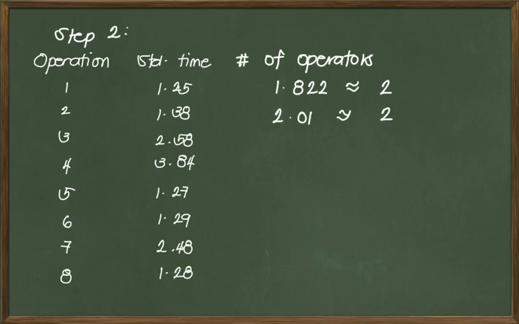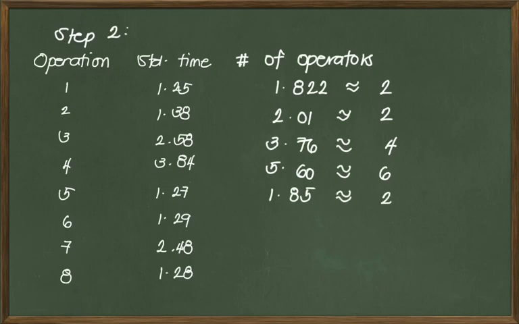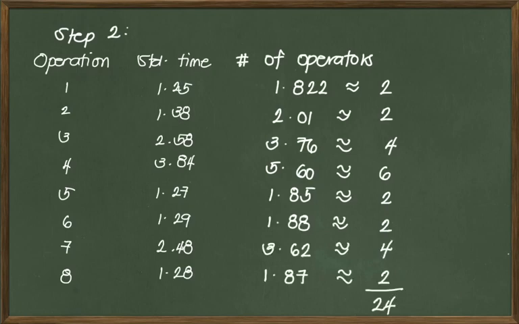So for operation 3, we just input 2.58 in the calculator, and that will give you 3.76, so 4 operators, followed by the next, 5.60. That will give you 6 operators. Then 1.27, that's 1.85, so that's 2 operators. So we just continue our process.